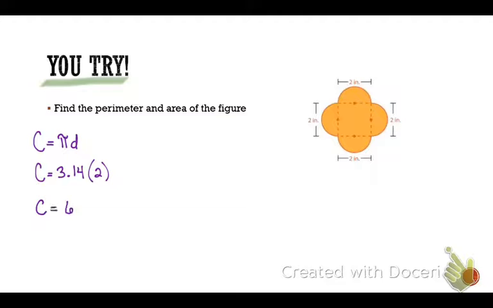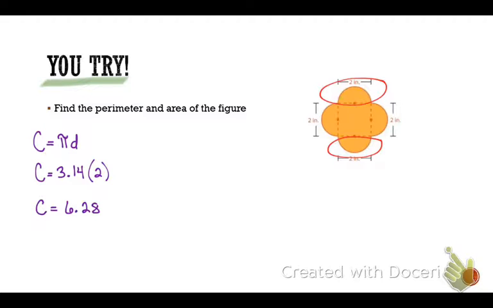So this is 6.28. Now remember, this is the circumference of a circle. But because 2 semicircles make up a circle, I can say that 6.28 is 2 of my semicircles.